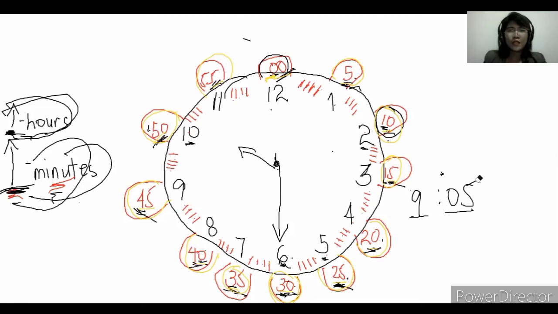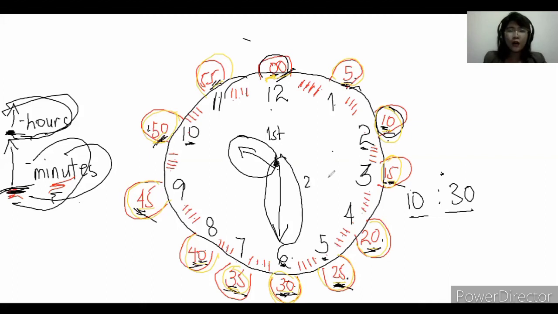It is, okay, 10:30. Okay? Very good. Again, in reading the clock, you will read the short hand first, and then the second one is the long hand.